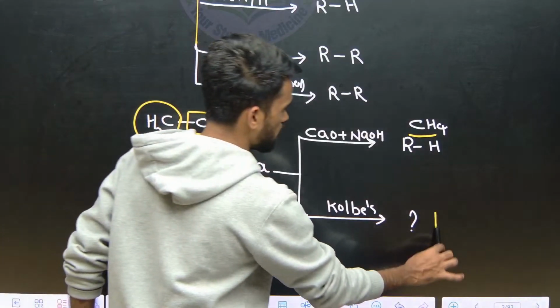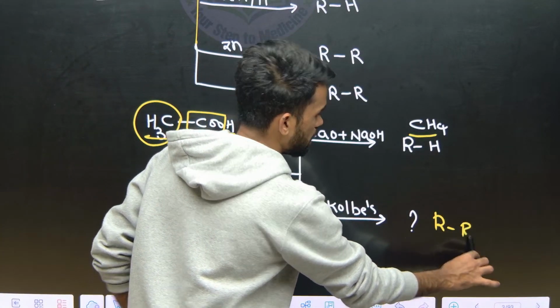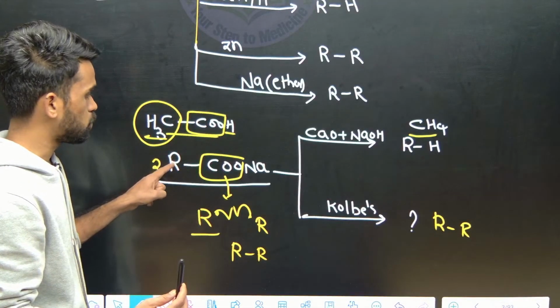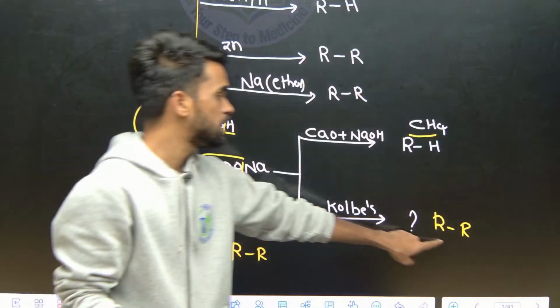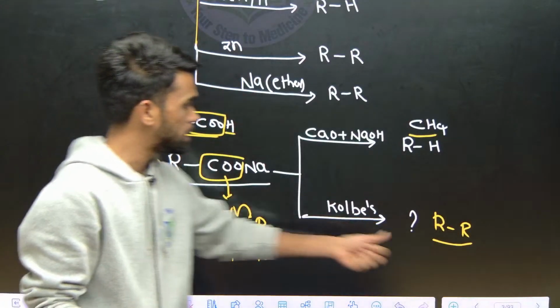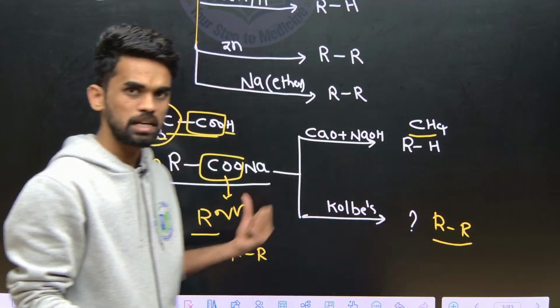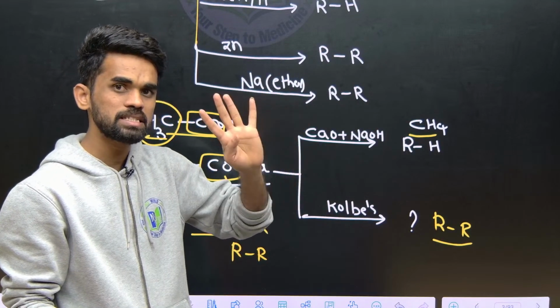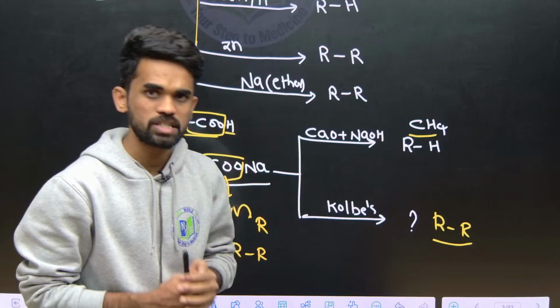Whatever the alkyl group is, just double it, like a dimer. If it is a methyl group, you get ethane. If it is an ethyl group, you get butane. Ethyl means 2 carbons, so double it, 4 carbons, which is butane. Hope the discussion is clear.